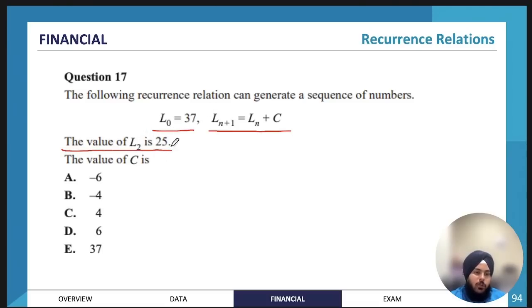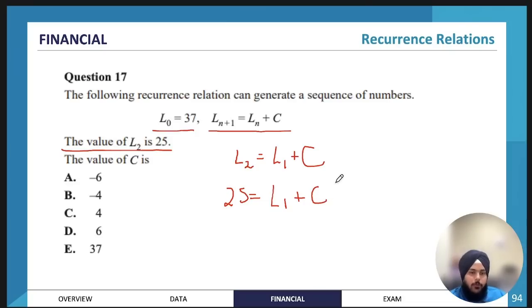So we know what L2 is, but if we want to determine what C is, in this question it's a little bit difficult, so we might need to go backwards. So L2 is equal to L1 plus C. We know L2 is 25, so 25 is equal to L1 plus C. We don't know what L1 is.